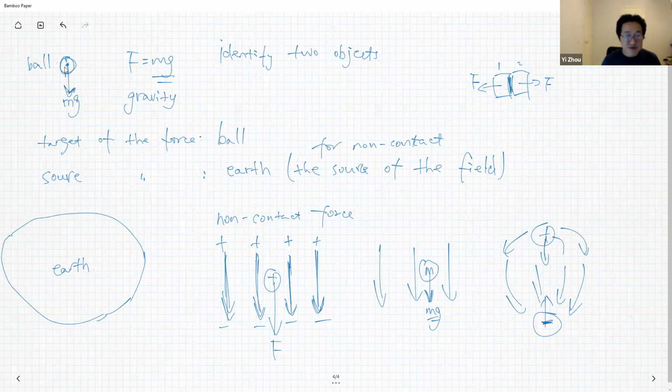Now, remember, when we talk about Newton's third law, there's the action and there's the reaction, right?